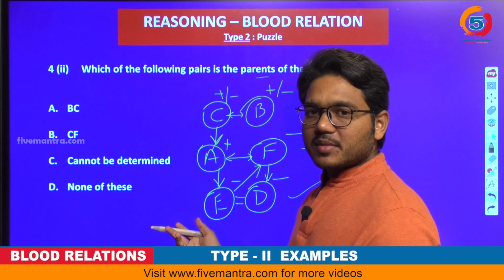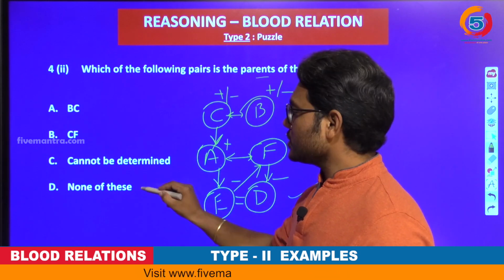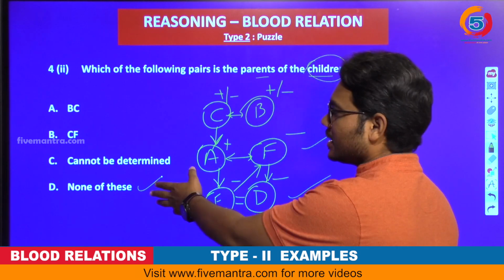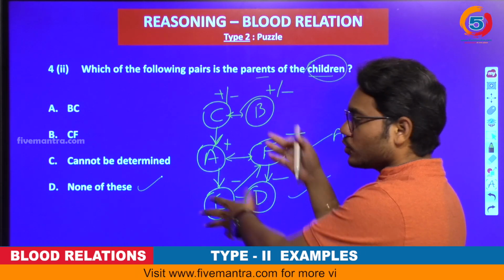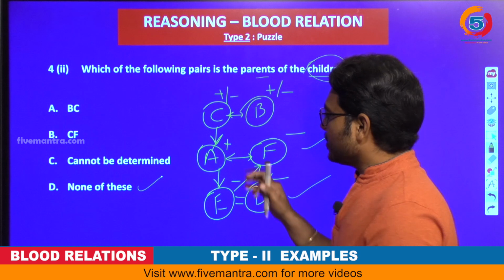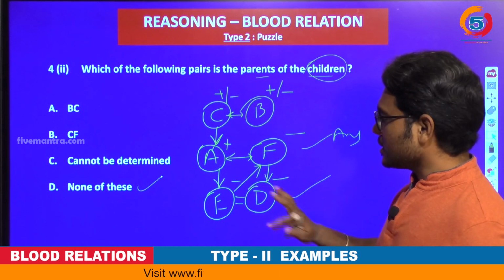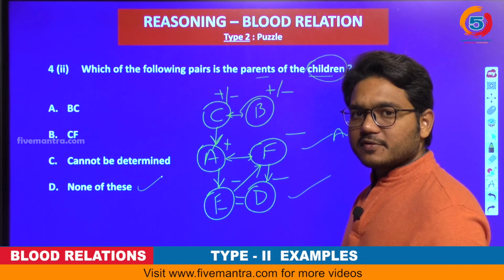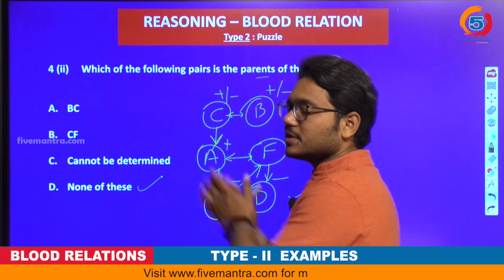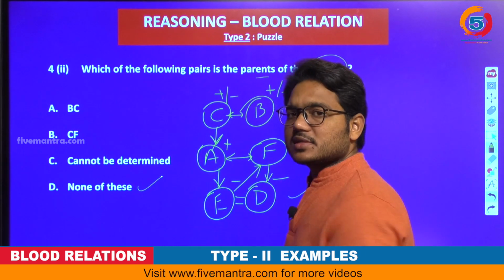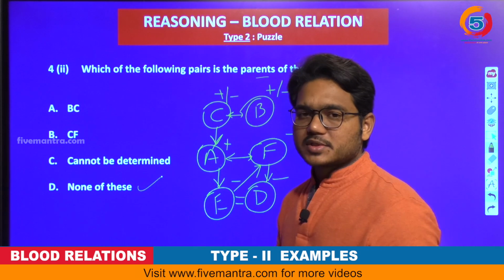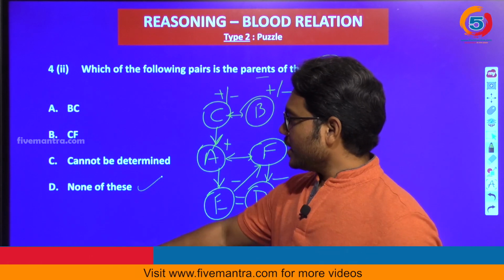So it can be determined, but there is no option here. So you can put none of these, because we already certainly know from this relationship that the parents of the children are E and D, the parents of E and D are A and F, and the couple is not mentioned here. So obviously the answer is none of these, which can be determined but cannot be found in the options. Okay, so we will move ahead.